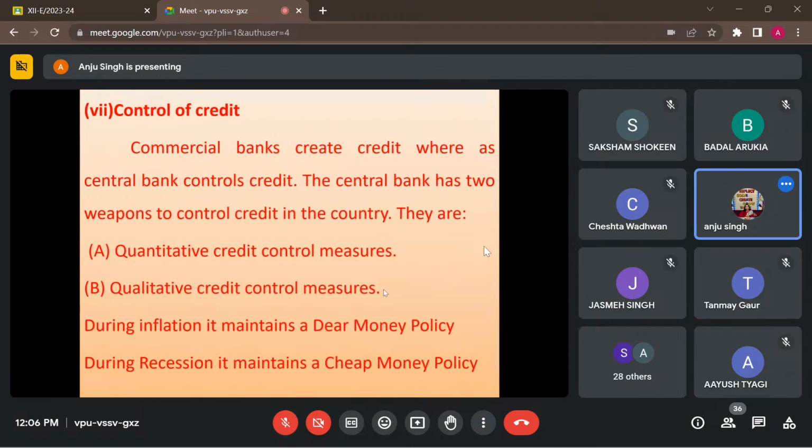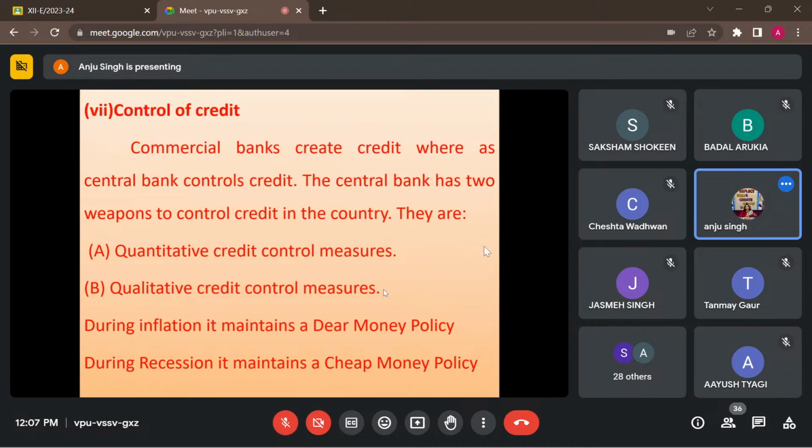Not fully. Selective credit control has one feature: it is a qualitative credit control. Have you all, first of all, written selective credit control in your notebooks or not? If you have written, then you should understand that under this tool, write down if you wish, the central bank does not pass a universal instruction for the borrowings.